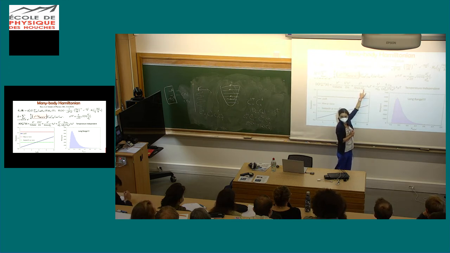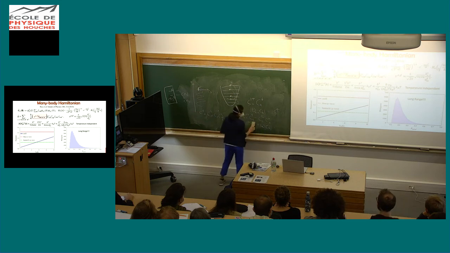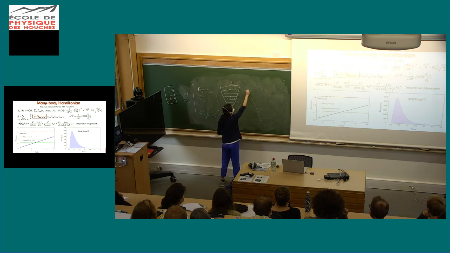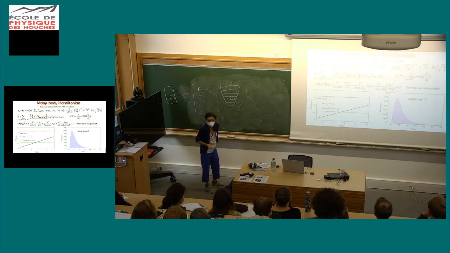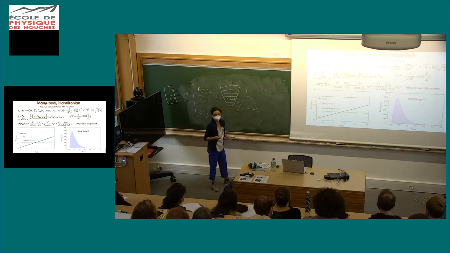Now, if you remember, if I have a thermal distribution of classical particles, characterized by some temperature T, how do you relate the width of your distribution, or the variance, to the temperature?